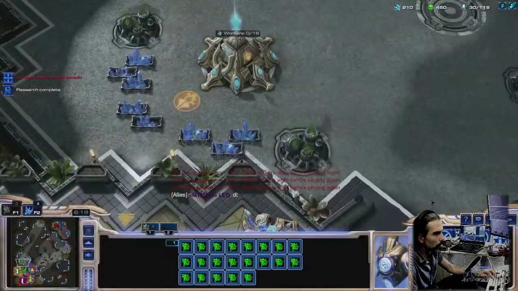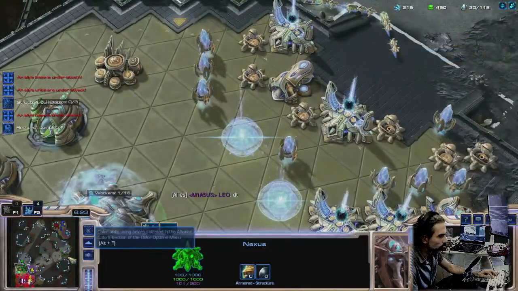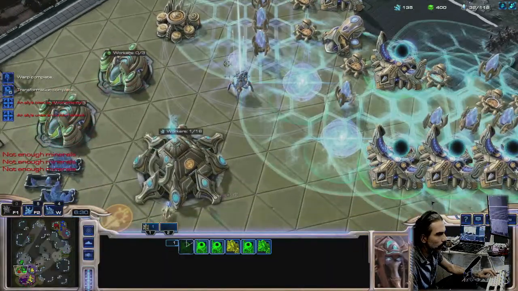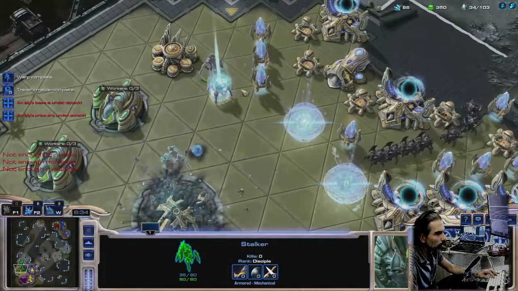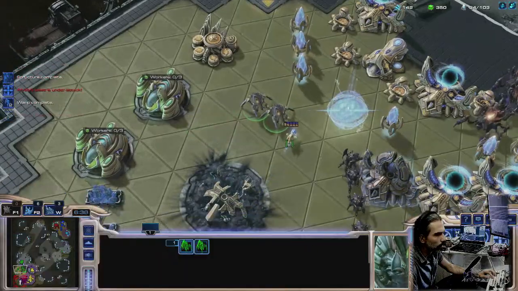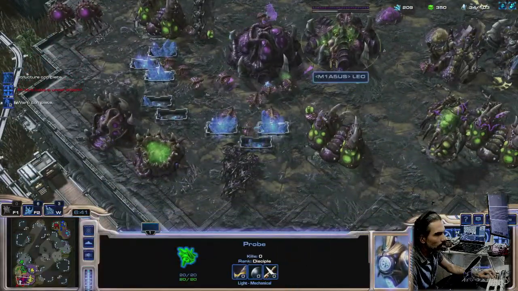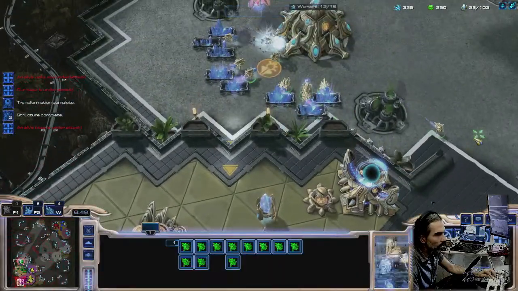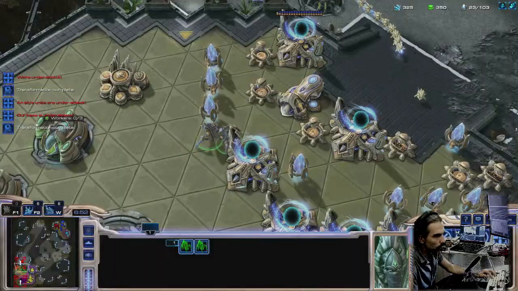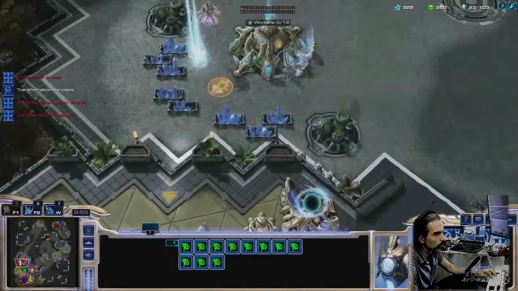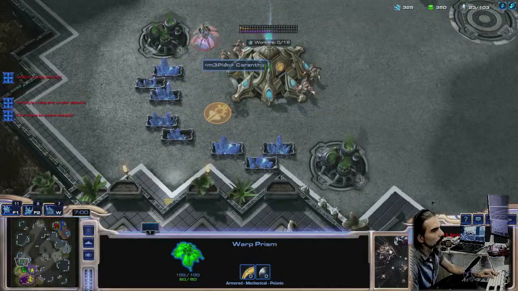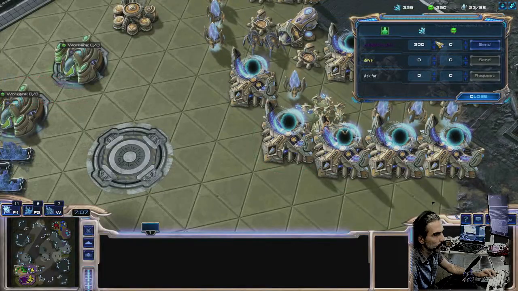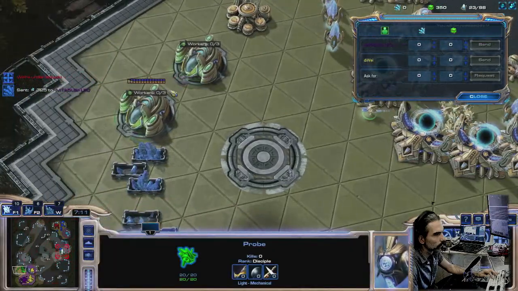Your allies' base is besieged. Your probes are under attack. Let our enemy know our fury.